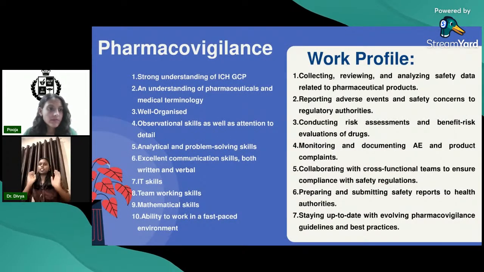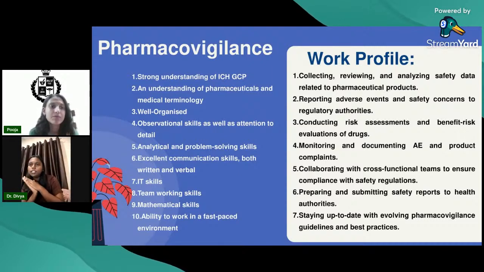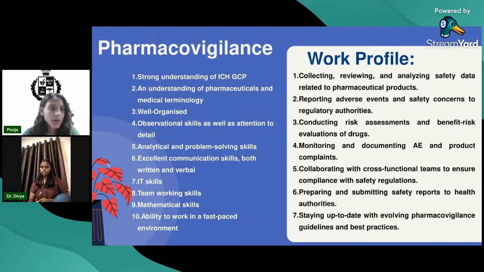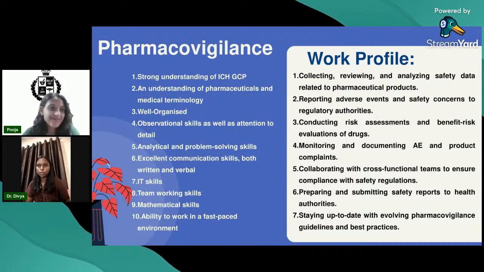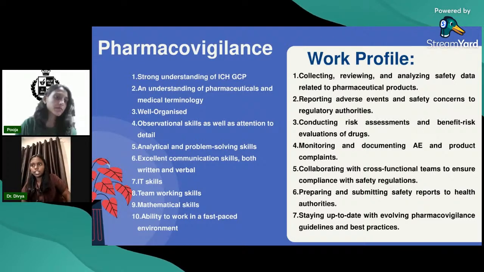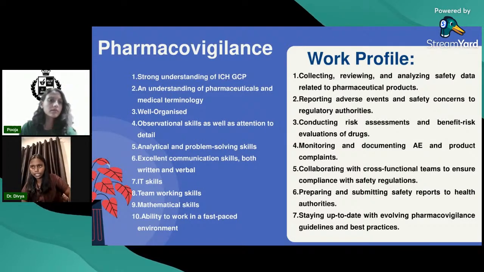So next, the domain is clinical pharmacovigilance. Pharmacovigilance is booming right now. Everyone knows about this field. It revolves around ADR monitoring and reporting. The people who belong to this field work on collecting, reviewing, and analyzing safety data.